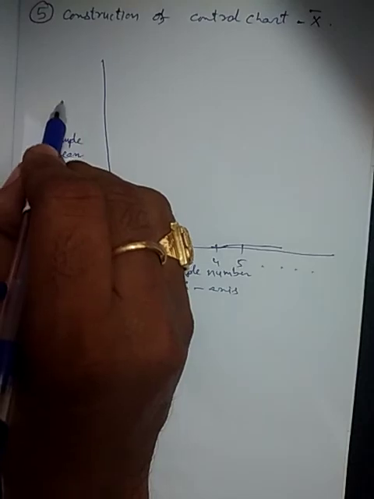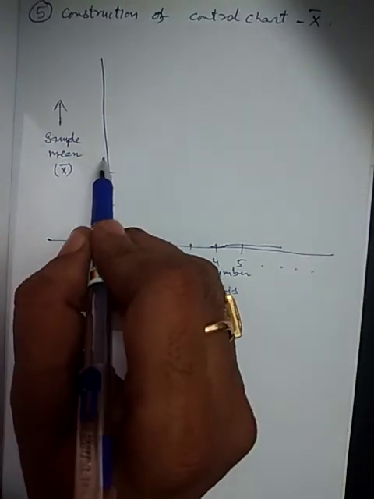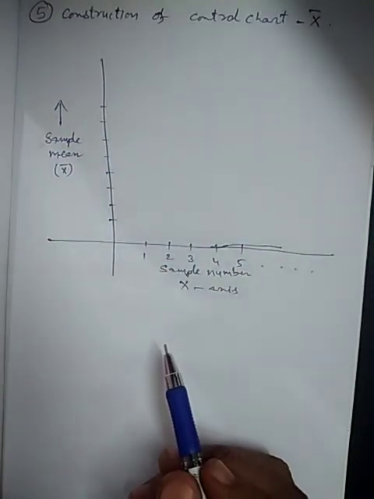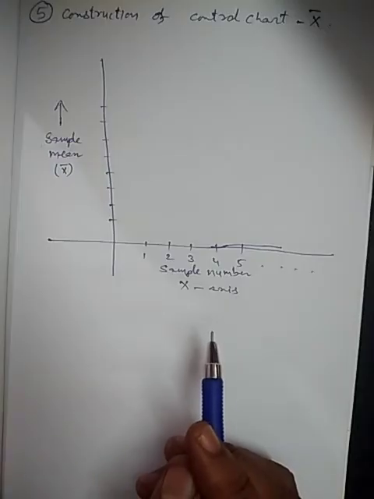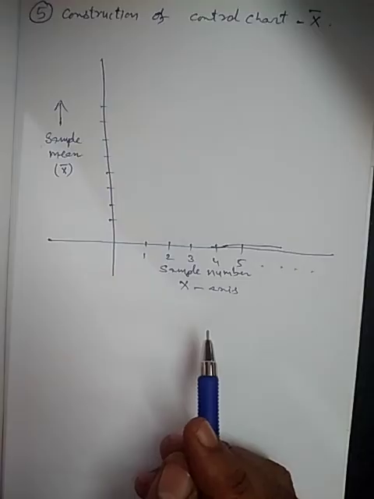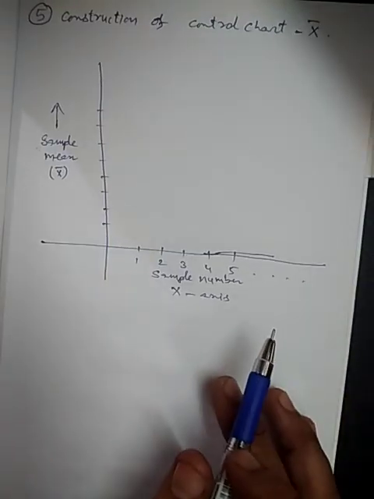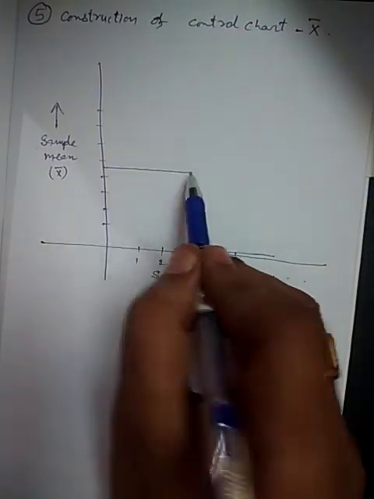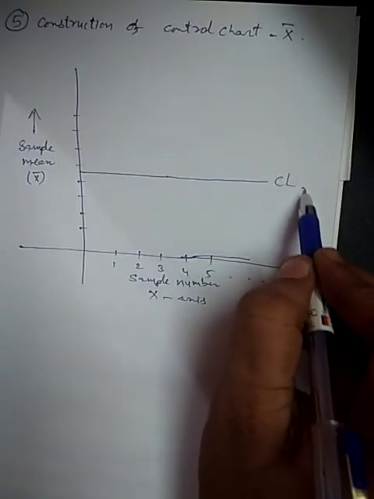You have to consider different sample means, different values you can obtain. And you also calculate UCL, LCL, CL, based on whichever case we consider. After finishing it, you draw a central line as a bold horizontal line. For example, this is the central line.